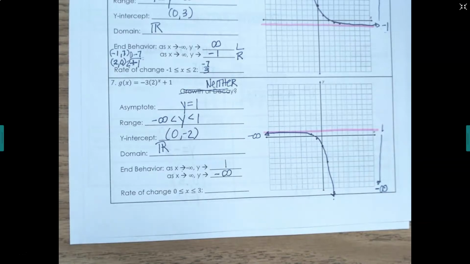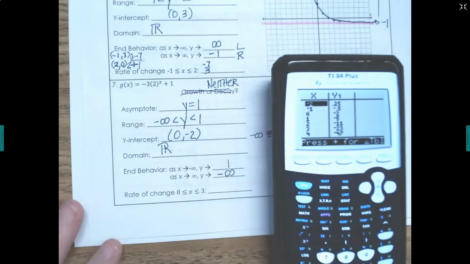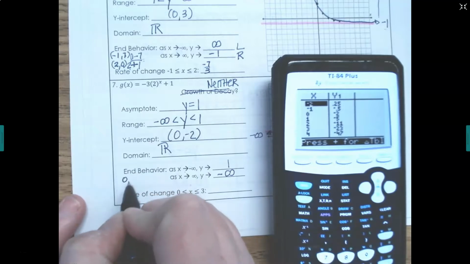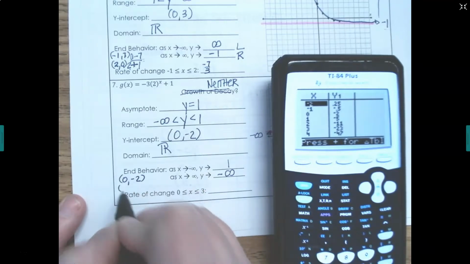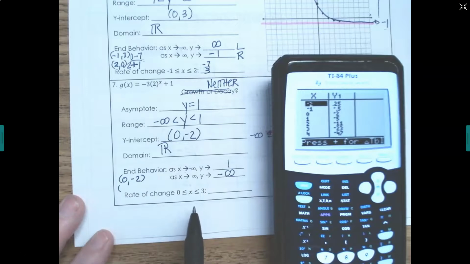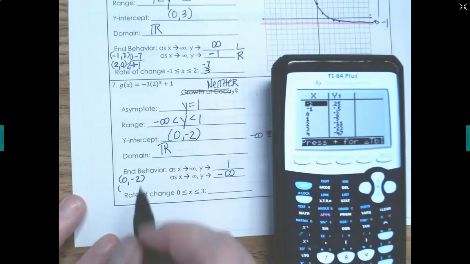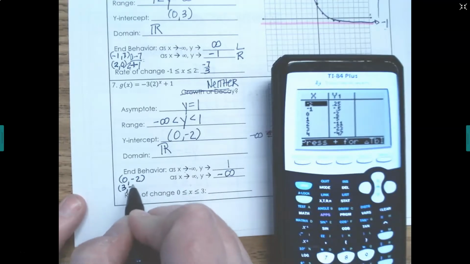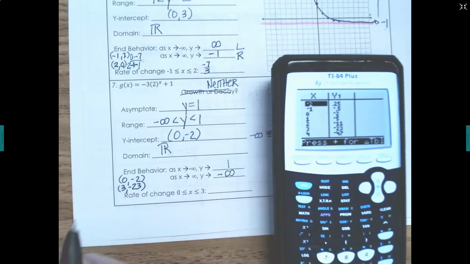Now, let's do our slope. Looking at our table of values, our x value is 0, so we have 0, -2. Our x value is 3, and our y value there is -23. So 3, -23. Okay, so now we're going to use our slope formula.